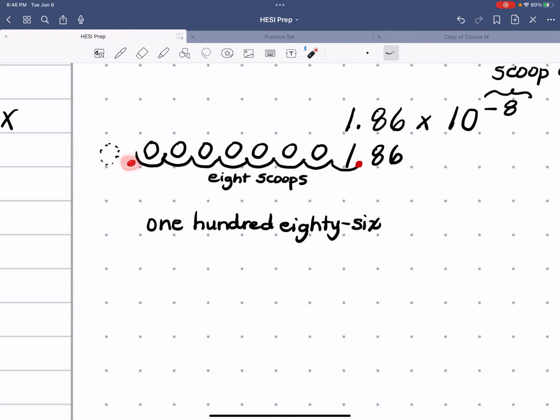So we're going to start with tenths, hundredths, thousandths, 10 thousandths, 100 thousandths, millionth, 10 millionth, 100 millionth, billionth, 10 billionth. So 186 10 billionths.